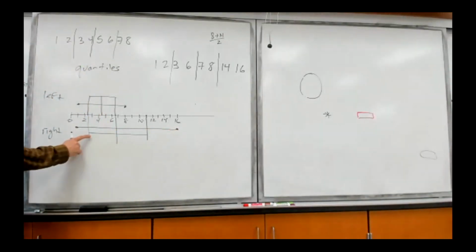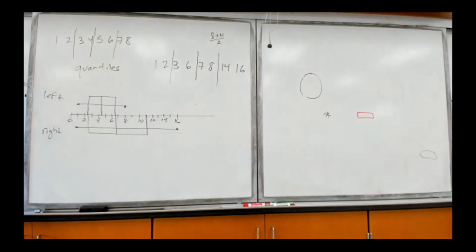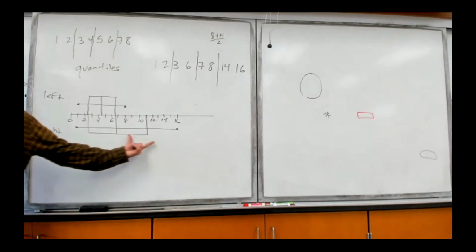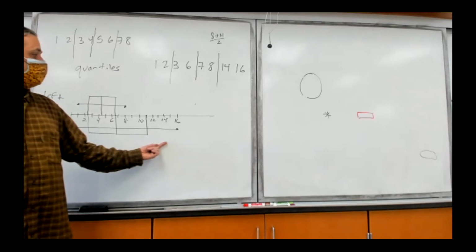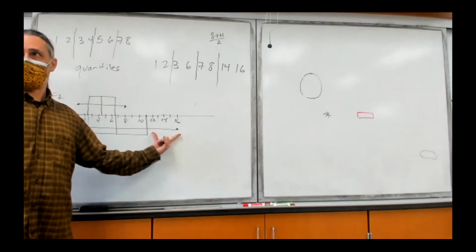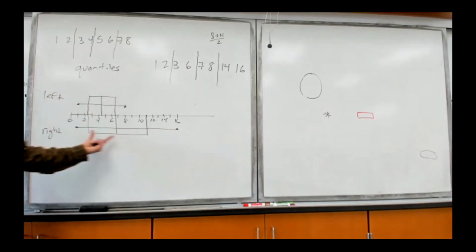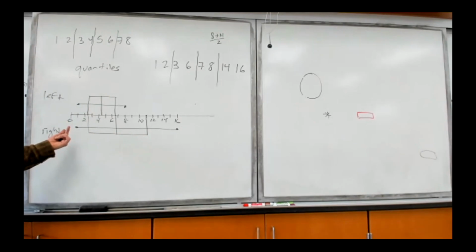And now notice this is giving us a different picture. The boxes are wider. And notice as you go to the right, it's getting wider. The left and the right edges are not the same. The right edge is much bigger than the left edge now. Okay?